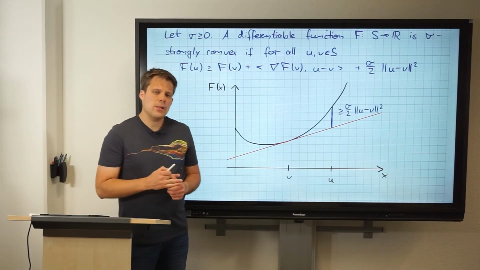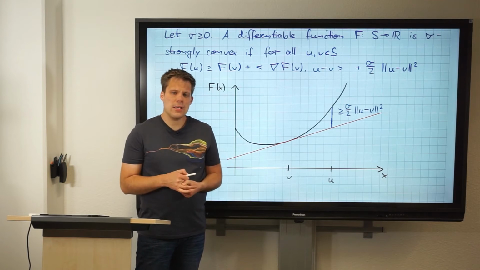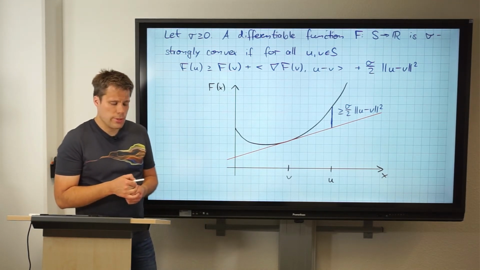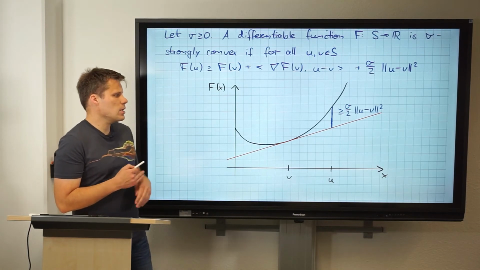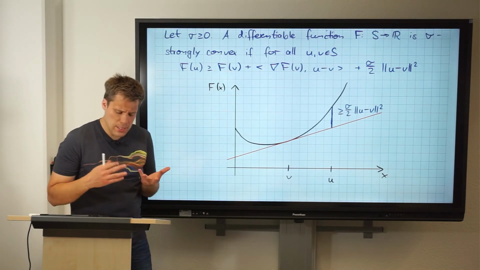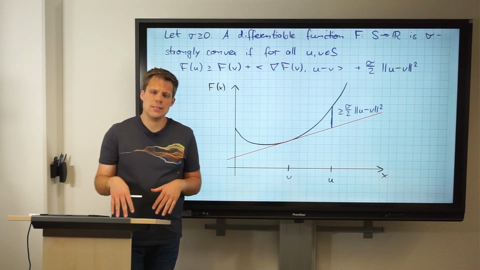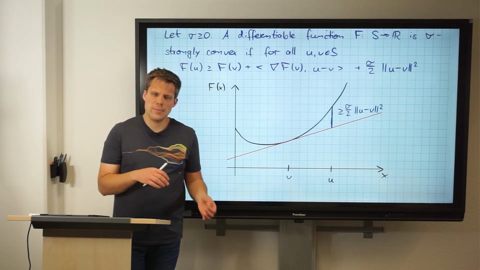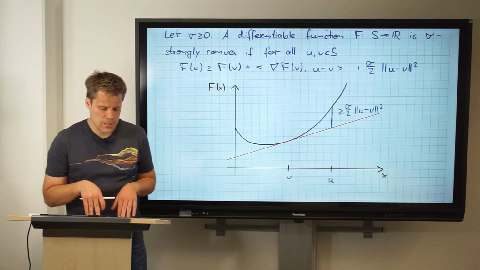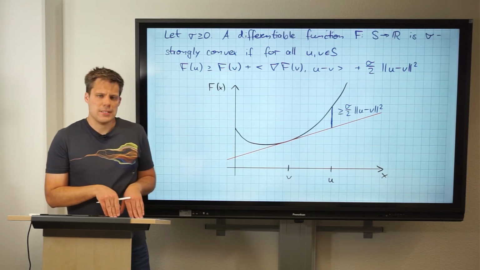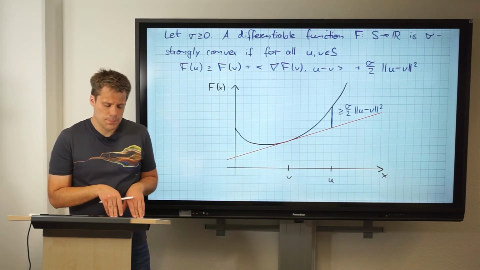And our assumption will now be that our regularizer is sigma strongly convex for a sigma which is strictly positive. And depending now on how strongly it is convex, we will get a different regret guarantee. Maybe let's first see one example of a strongly convex function.